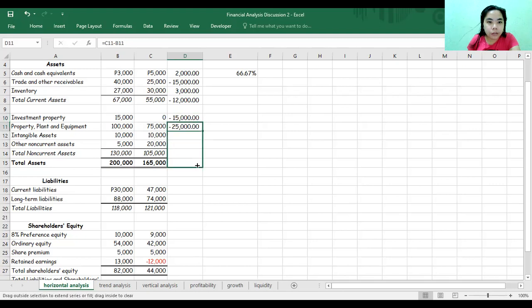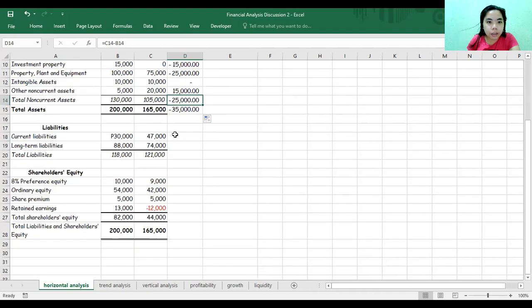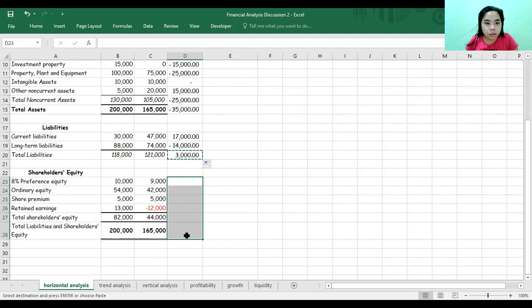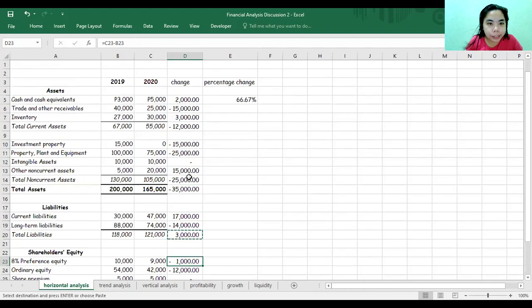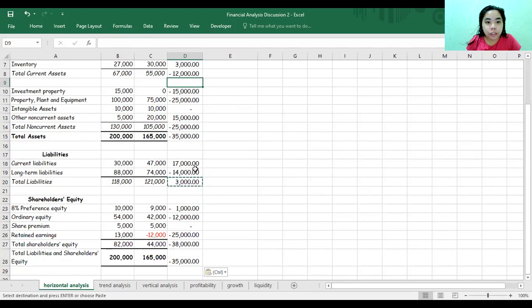Next is the current liabilities, and the change. So I'll just copy it, and so we have already gotten the change in terms of peso.